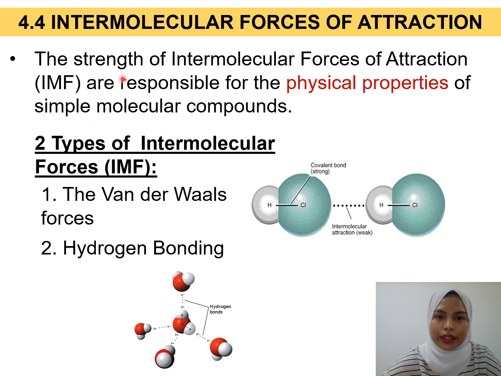Okay, because the strength of IMF ni actually dia akan affect the physical properties of a simple molecular compound. Physical properties ni macam boiling point, melting point and solubility, okay. So ada dua jenis intermolecular forces yang you kena tahu. The first one is the van der Waals forces and the second one is hydrogen bonding.